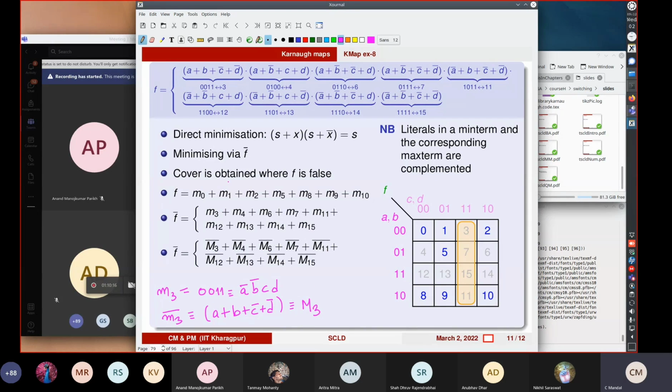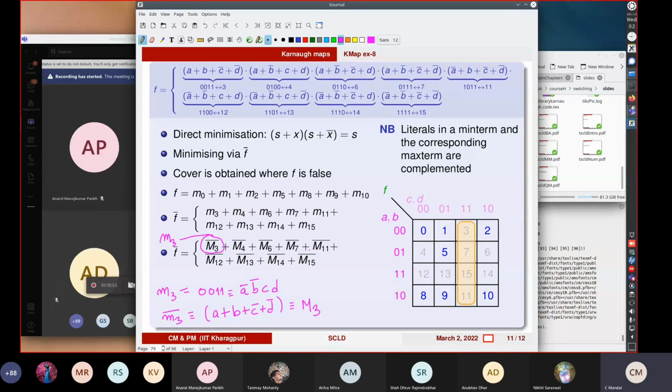That is why we have this kind of convention, so that capital M3 bar corresponds to this max term. So this one, for example, corresponds to M3, and so on.